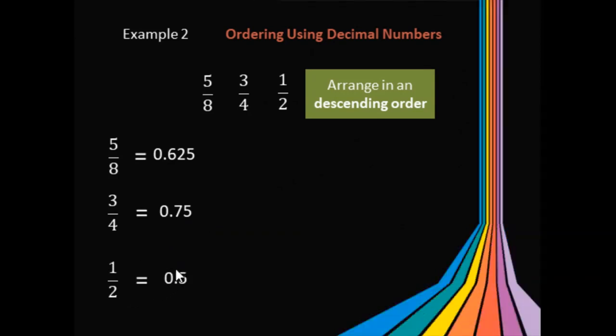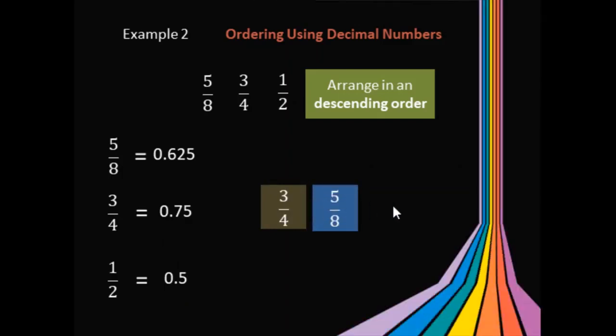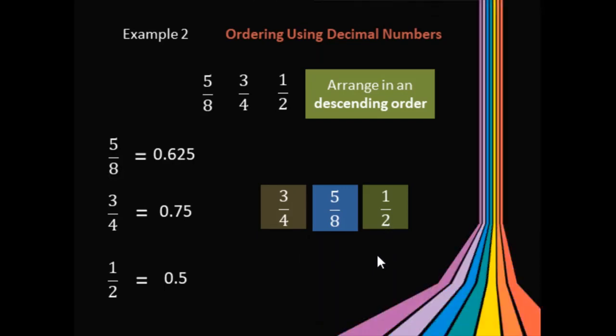What value is the highest? Okay, very good. We have 3/4, followed by 5/8, and 1/2. So this is how we arrange fractions using decimal numbers.